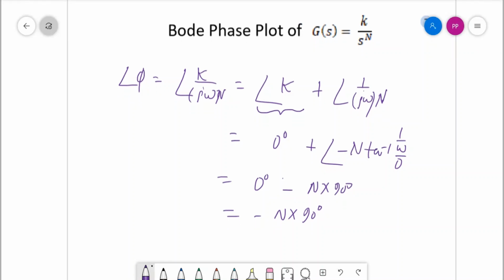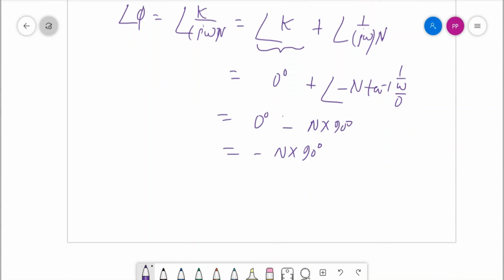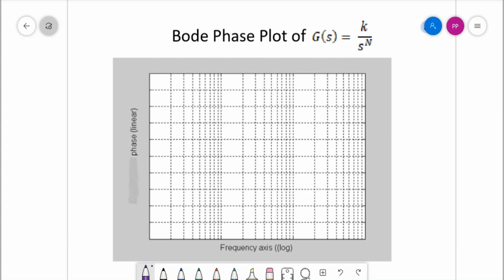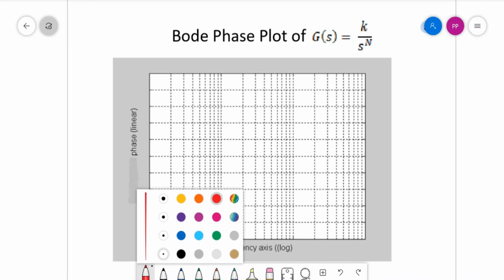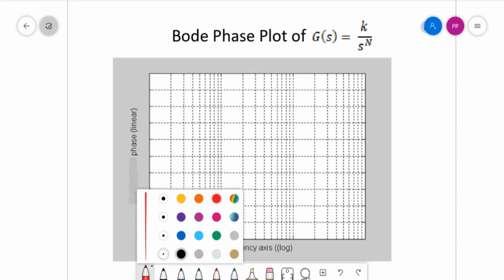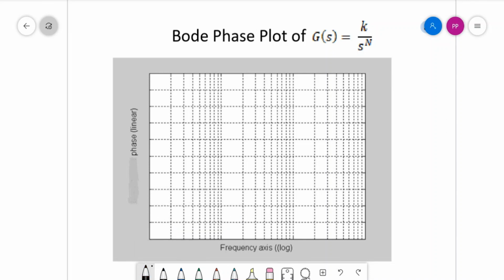The phase can be drawn easily for this, because it is exactly the same as before.